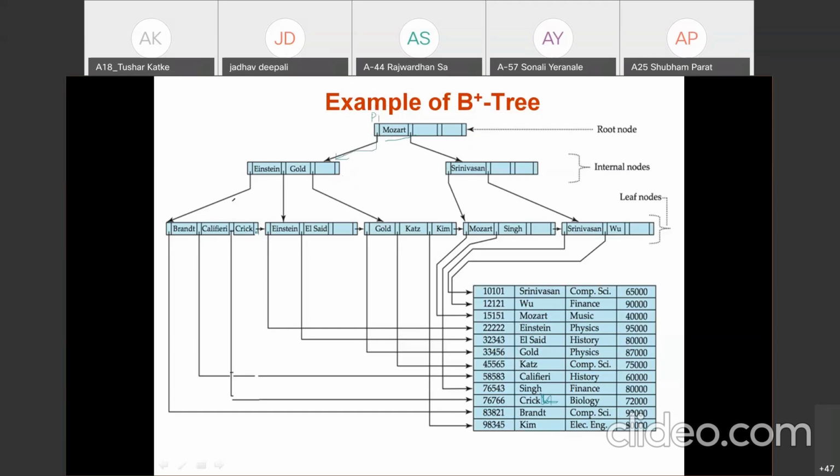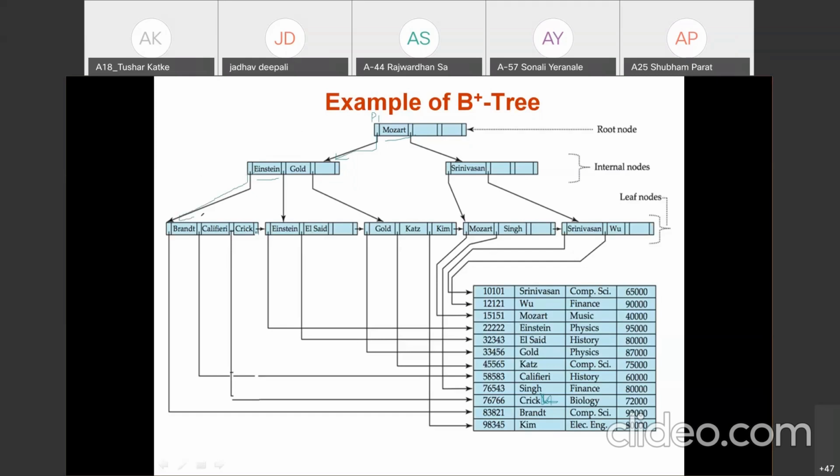Now here we come to the non-leaf node or internal node. Here find out the search key which is greater than or equal to Crick. What is that? It is Einstein. Near Crick, it is Einstein. So follow the pointer. Crick is less than Einstein.